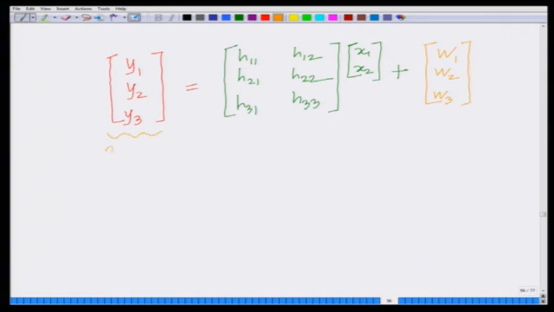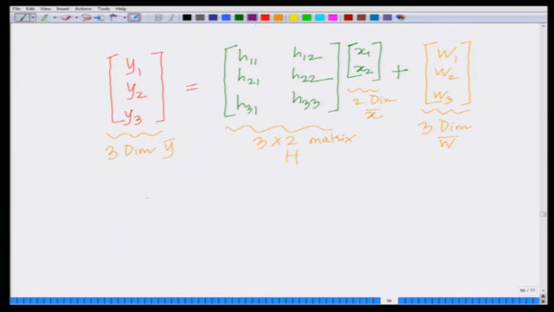So, this is my 3 dimensional received vector y bar, this is my 3 cross 2 matrix which is H, this is my 2 dimensional transmit vector x bar, and this is the 3 dimensional noise vector w bar.